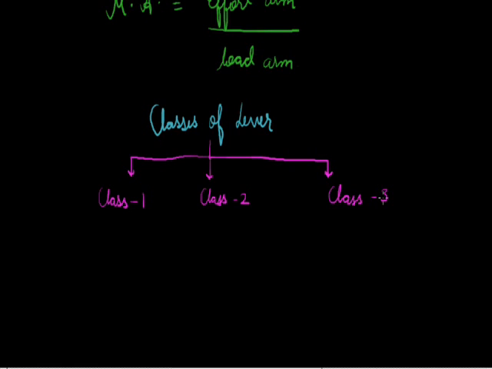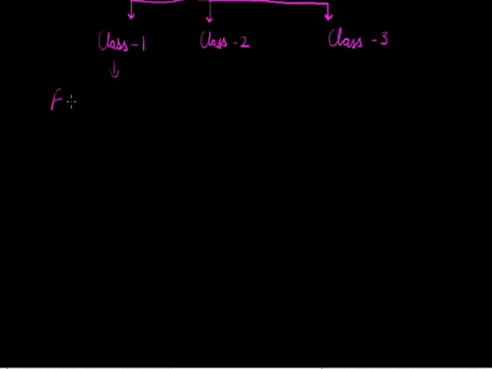In class 1 lever, the fulcrum is located between effort and load. Means F is in between L, that is load, and E, that is effort.